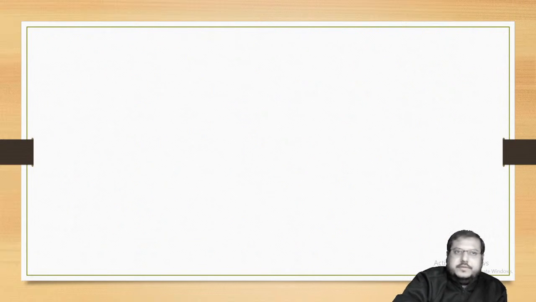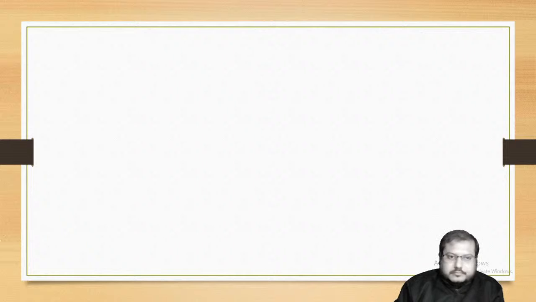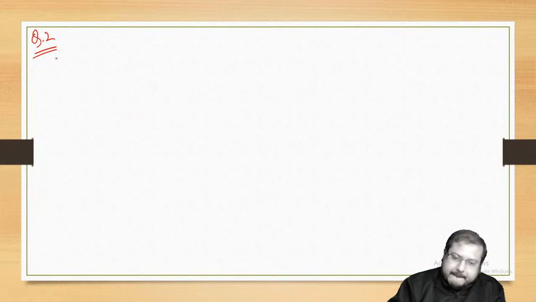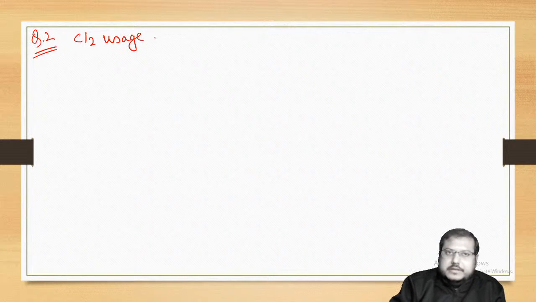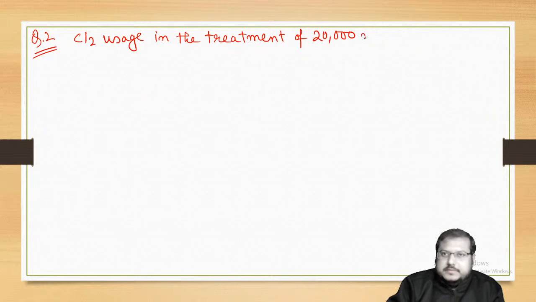Let's go for the next question. Question number 2. Chlorine used in the treatment of 20,000 meter cube per day is 8 kg.